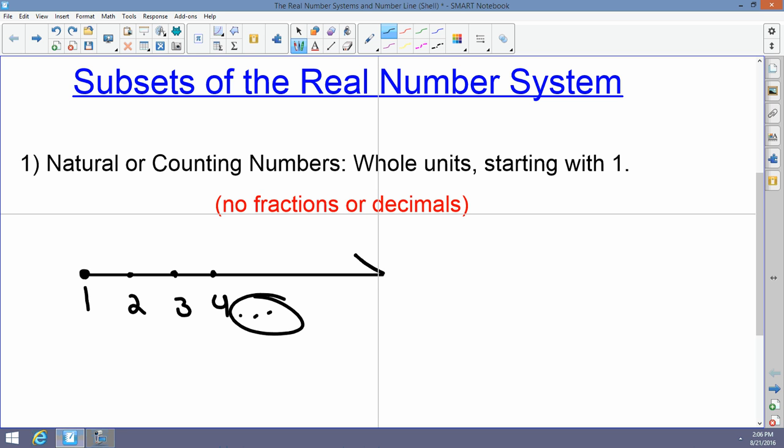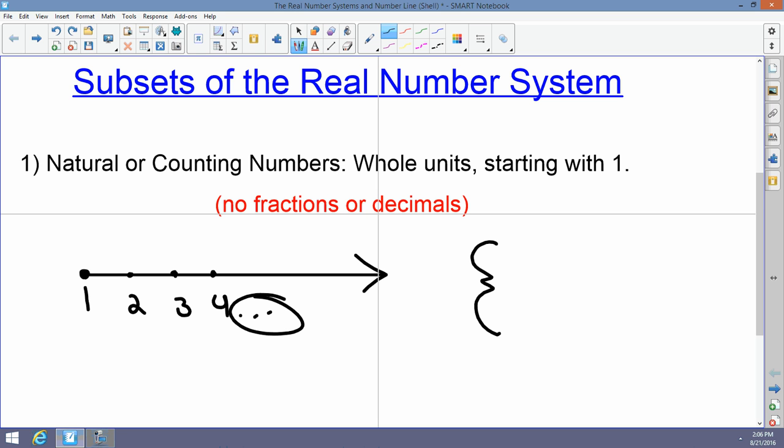At the end of my number line, I always like to draw an arrow. It's actually correct to draw an arrow because it signifies to the reader of this graph that this particular pattern of numbers keeps going on forever. If I was going to write this as a set, I would use my braces. Again, try to be as neat as possible.